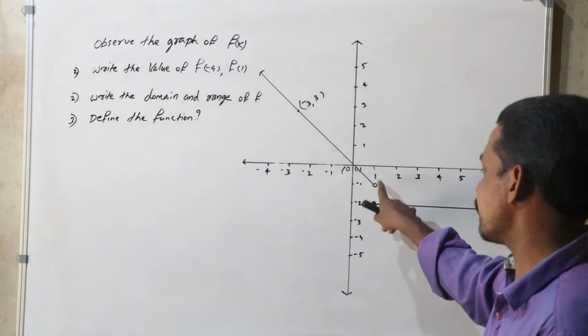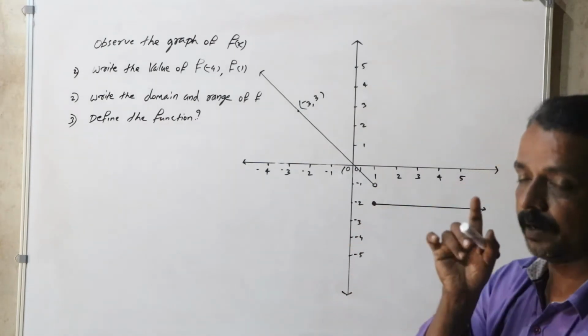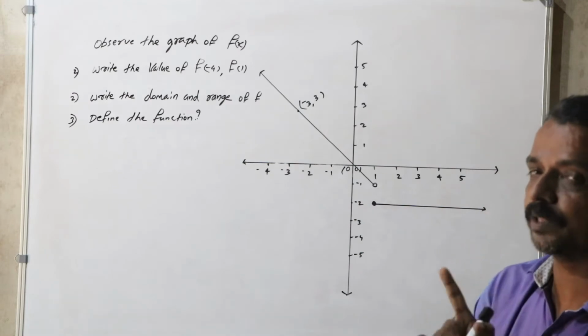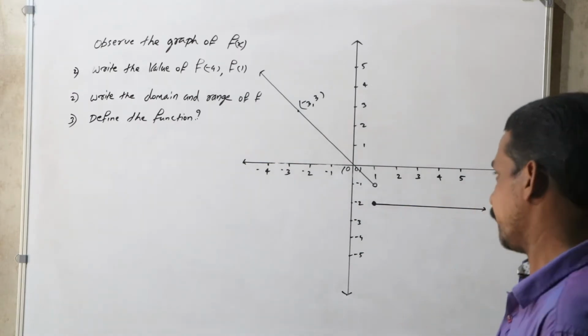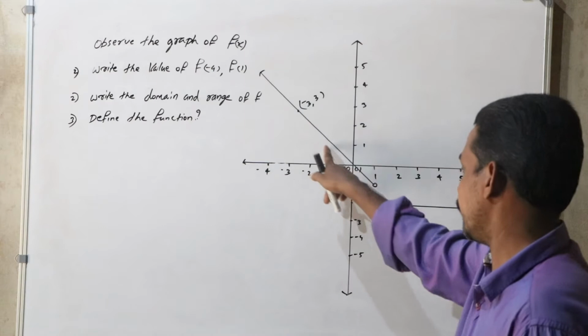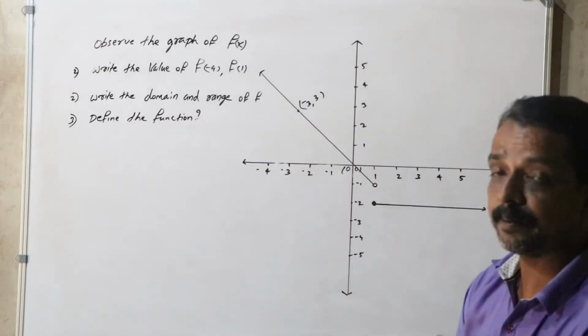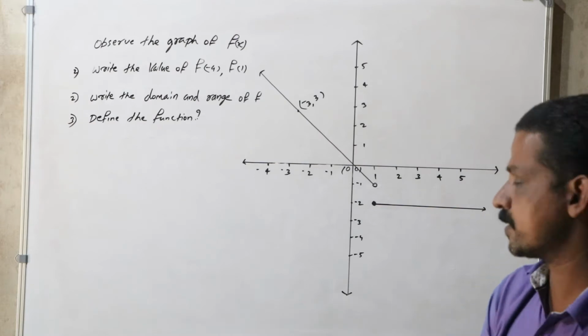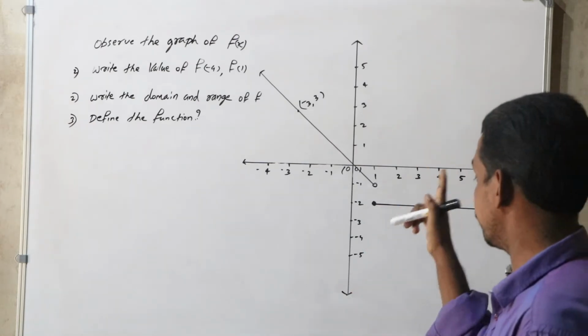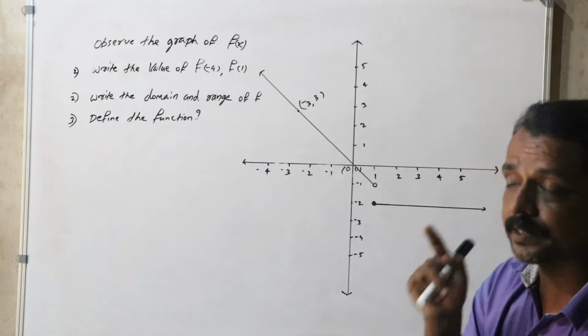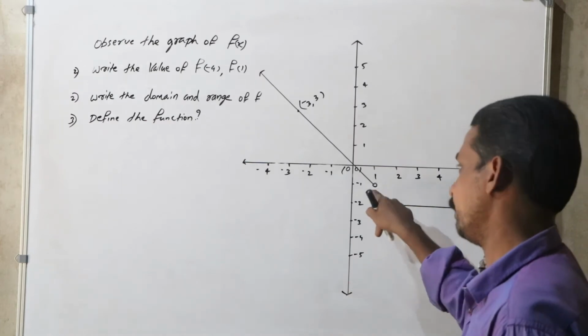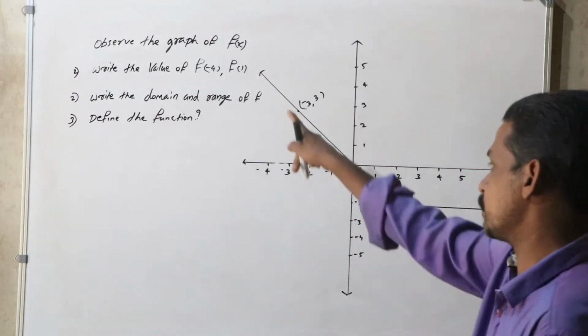It begins from 1 according to the x-axis. And the end of the second line is empty, which means 1 on the x-axis is not included with this line.